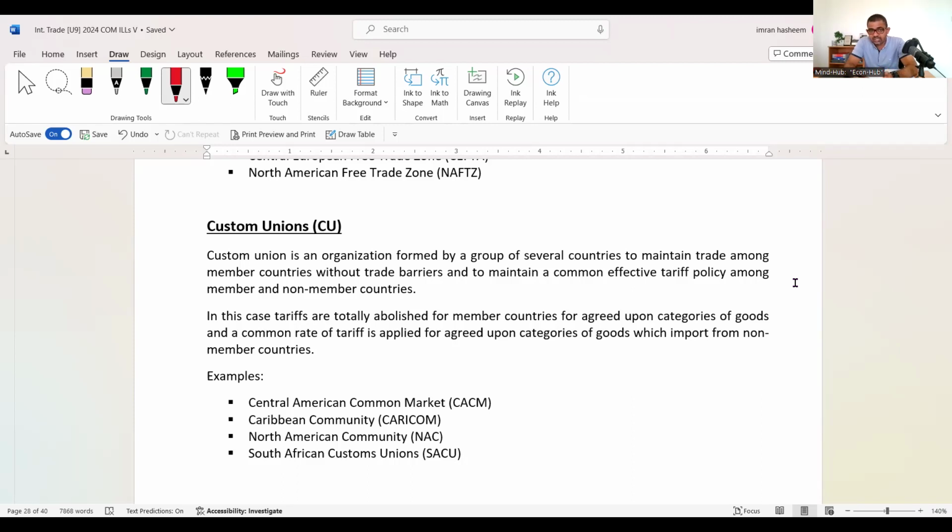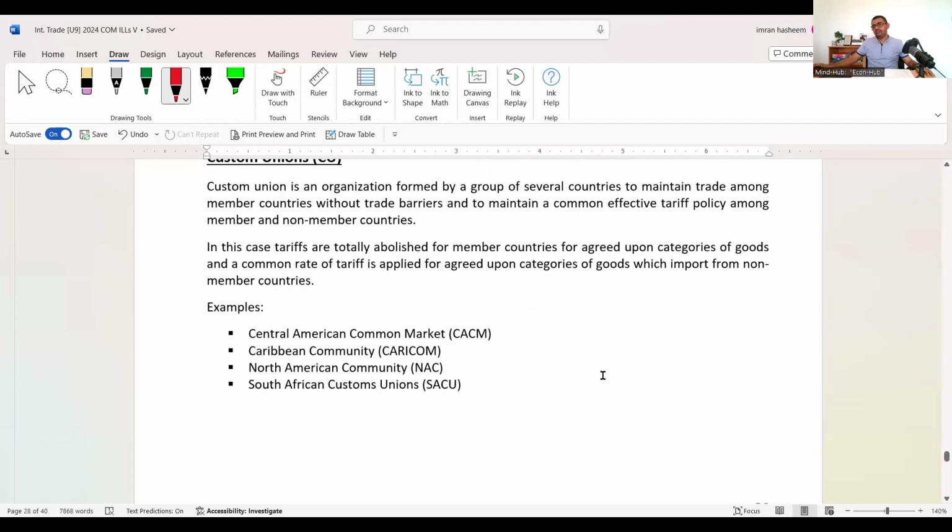When Pakistan, a non-member in our example, deals with these three countries, all three countries will charge the same tariff. If Sri Lanka charges 10%, that means Bangladesh and India will also charge 10%. That is what we call a customs union. The tariff is unified. Same taxes, same tariffs.